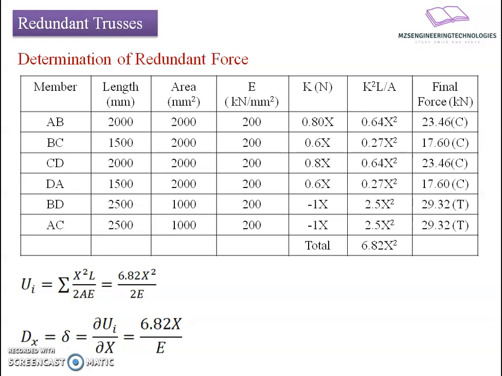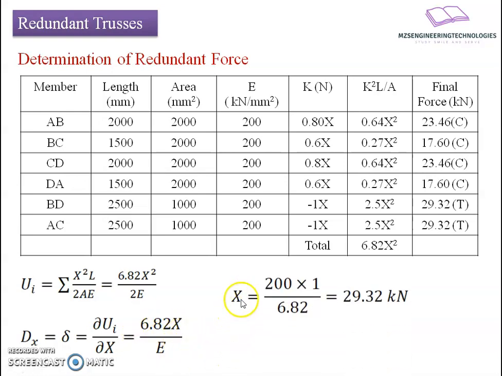So we get dou U upon dou X equals 6.82 times X upon E, where we have considered the component X square: this will be 2 into 6.82 into X divided by 2 times E, the 2 gets cancelled, what remains is 6.82 times X upon E.